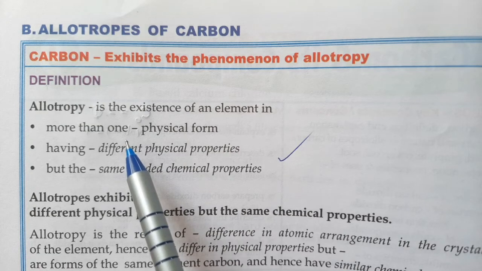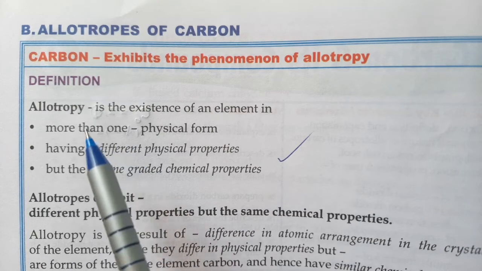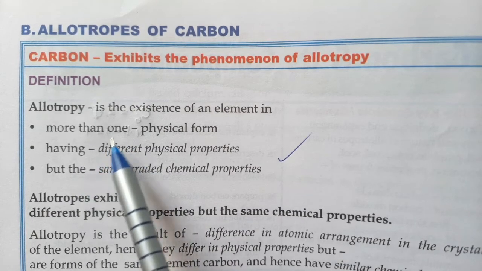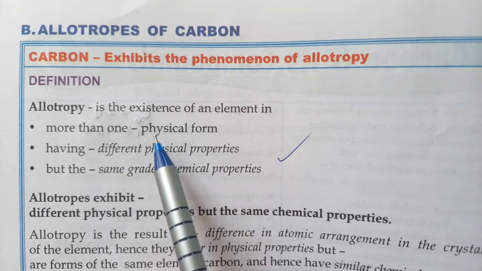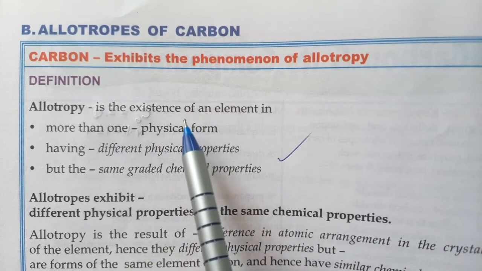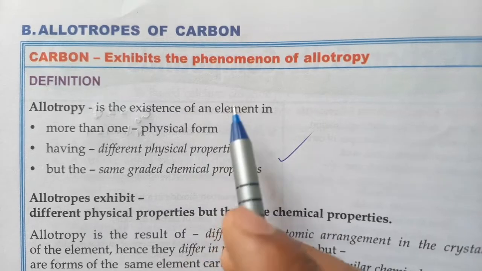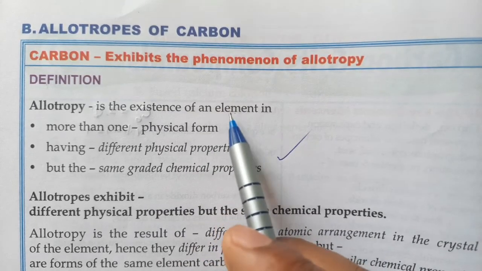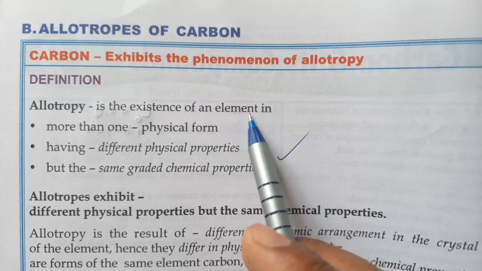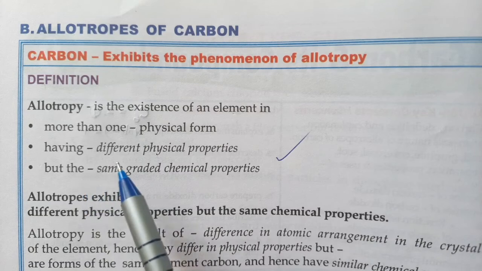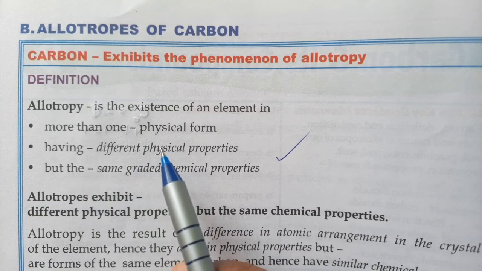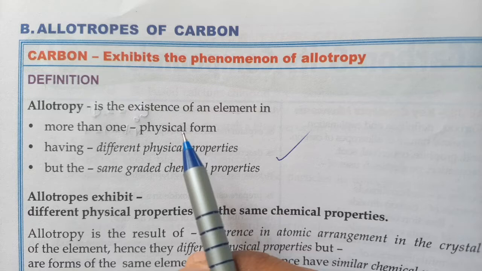If I play cricket, I am a cricketer. If I sing a song, I become a singer. That means whether it's teacher, footballer, cricketer, or singer, those are different forms of me. I'm considering myself as an element, and footballer, teacher, cricketer, singer are my different forms.